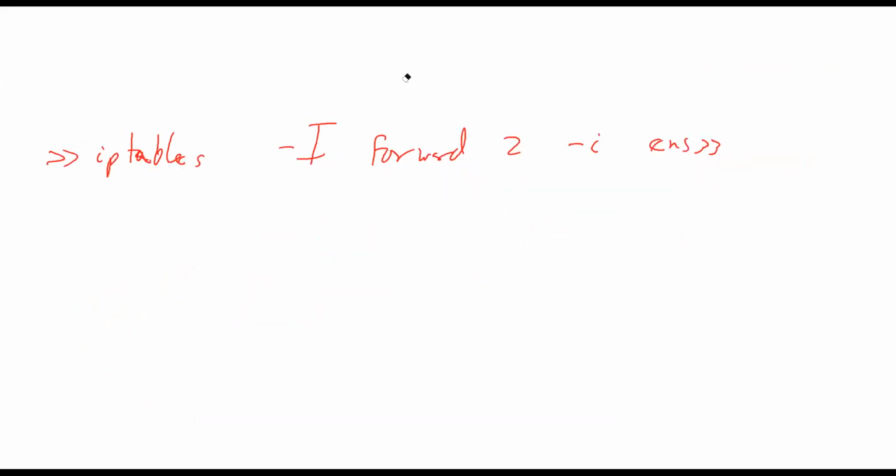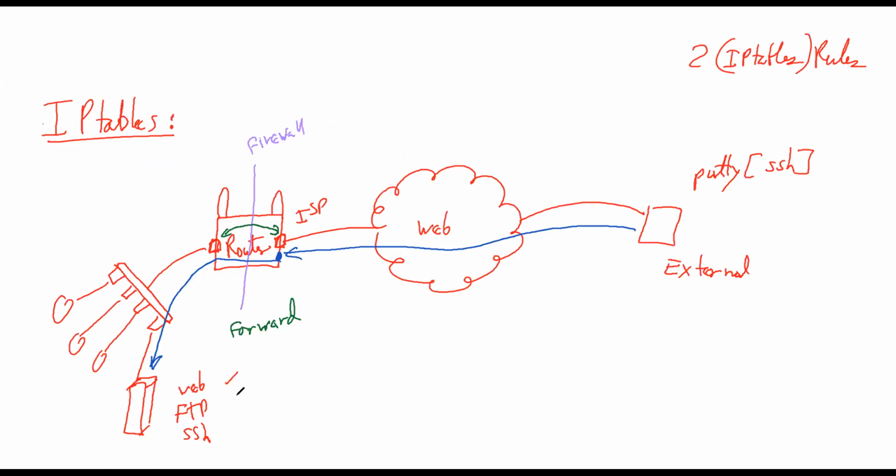So you specify -i for interface, ens33 or whatever it is, eth0. And then you can specify just the type of packets that you're going to allow. So you can say -p tcp, because we said we want web, FTP, or SSH. That's dependent on that.